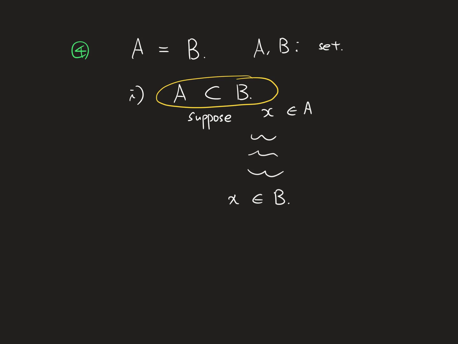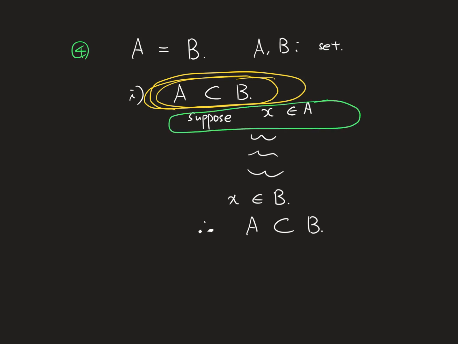So A is a subset of B. This is the only way. If you need to prove that A is a subset of B, you have to start with this line: suppose X belongs to A. This should be the first line.